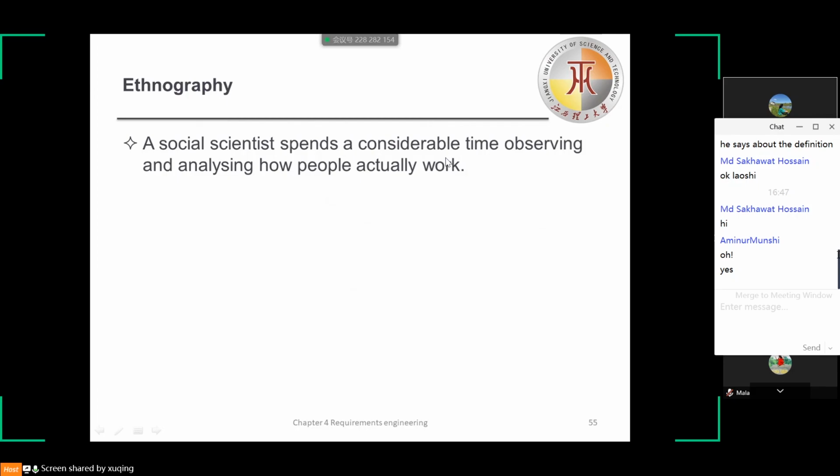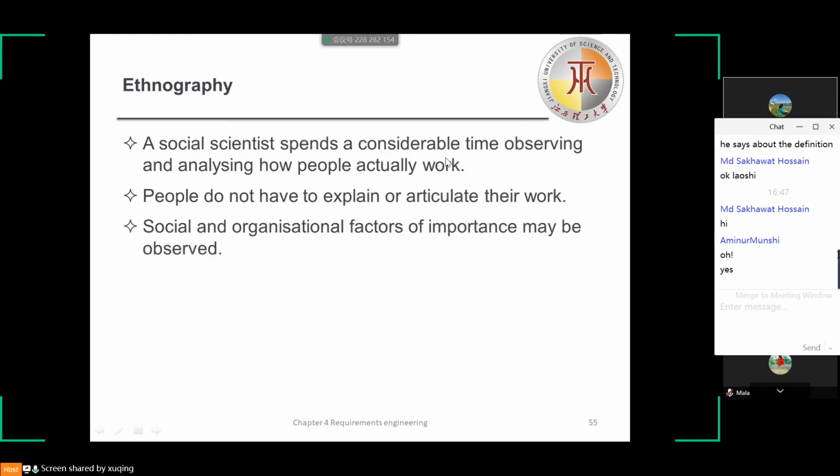With ethnography, we will observe the day-to-day work and we will make notes of the actual tasks in which participants are involved. With ethnography, people do not have to explain or articulate their work.